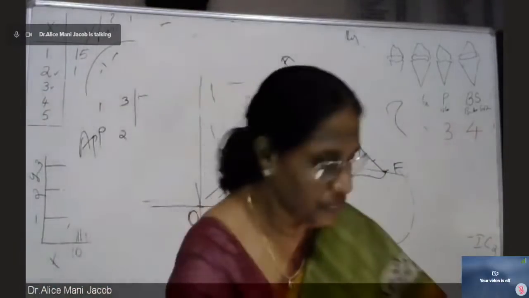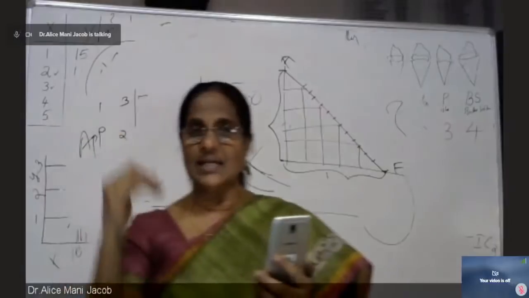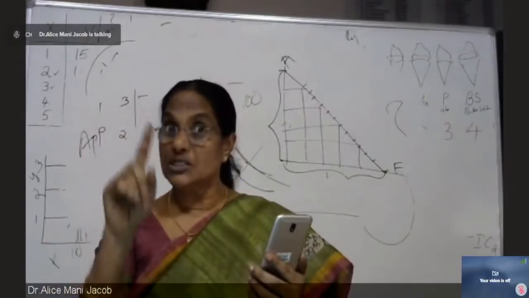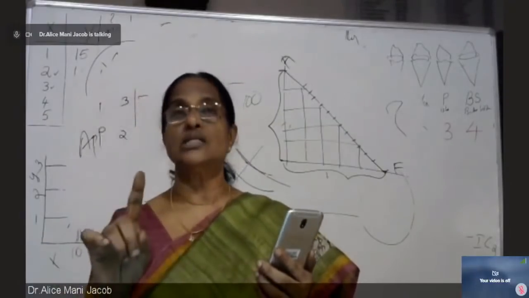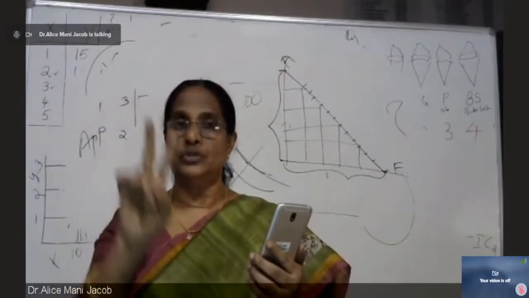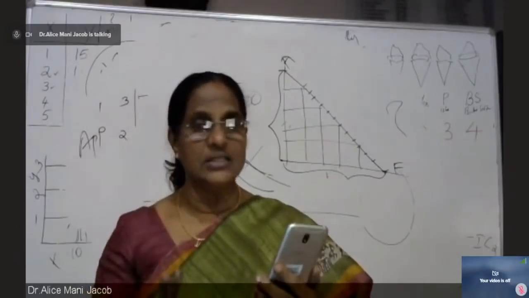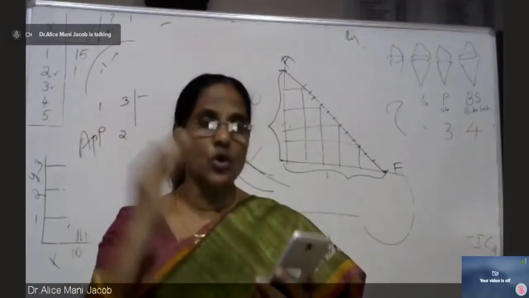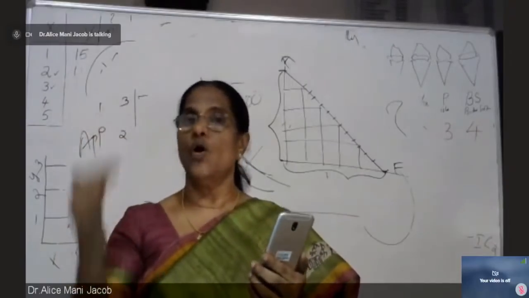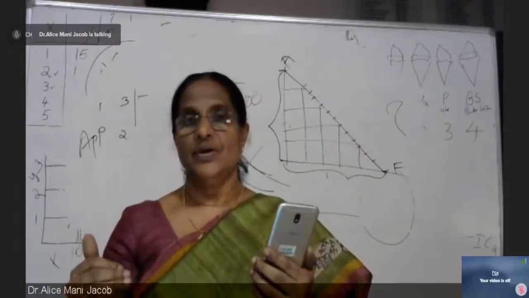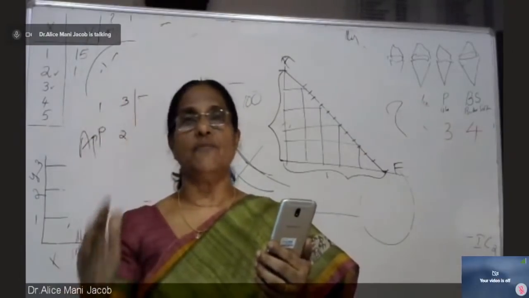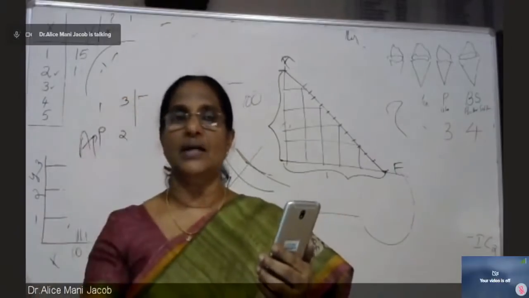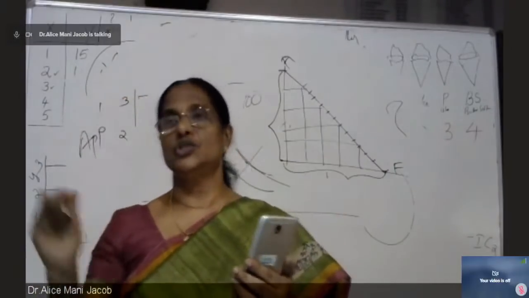And so, budget line is a line which shows all possible combinations of 2 goods which a consumer can buy with a given resource, that is money, or with a given budget, when prices of both goods remain the same and the entire money is spent on these 2 goods.